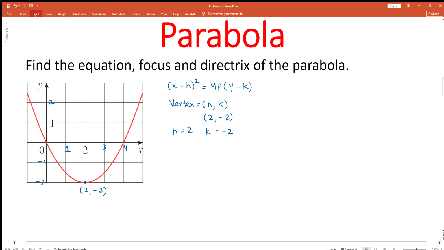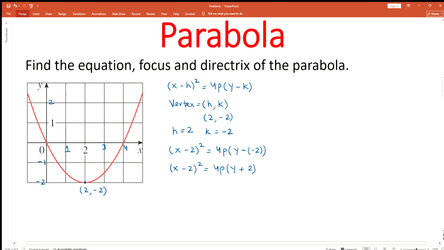We can sub in these values in the general equation. y minus -2 is equivalent to y plus 2.